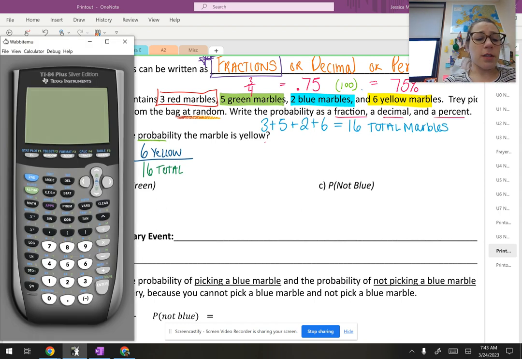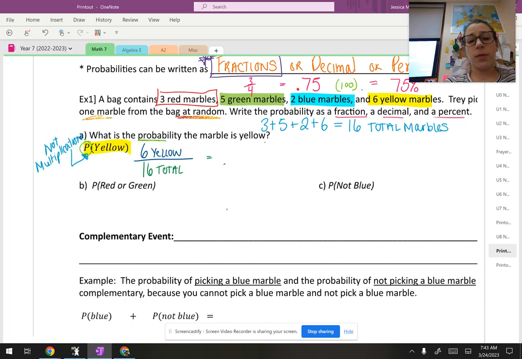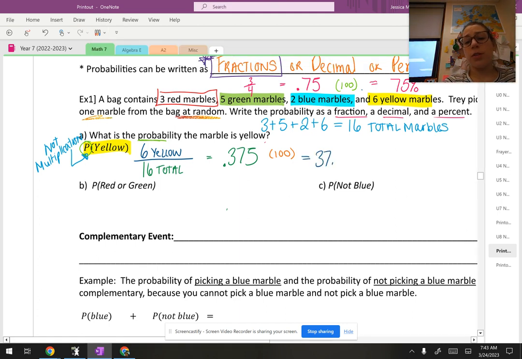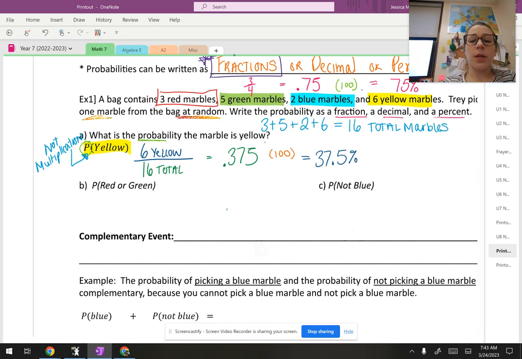To convert that to the decimal, we're just going to put it right into the calculator, 6 over 16, and that's going to get me 0.375. Multiply it by 100 to convert it to the percentage, which is 37.5%. There you go.